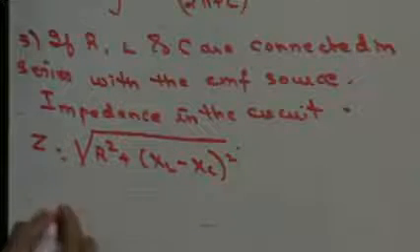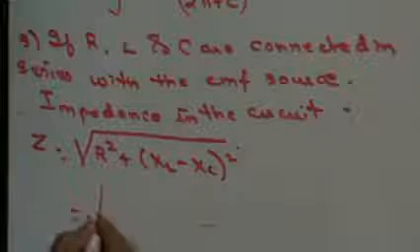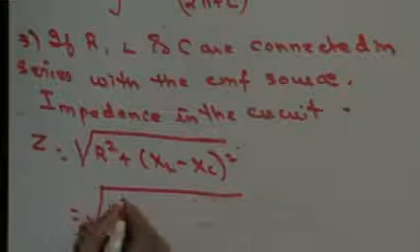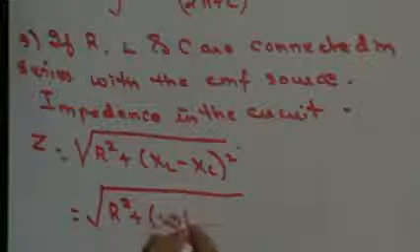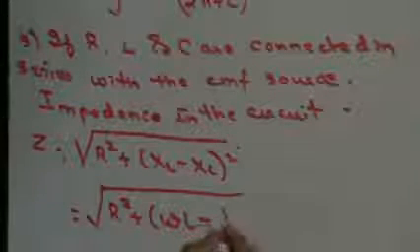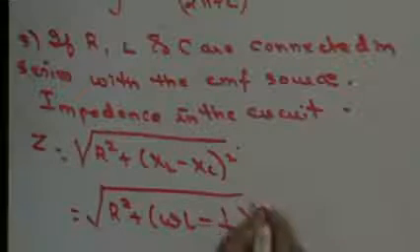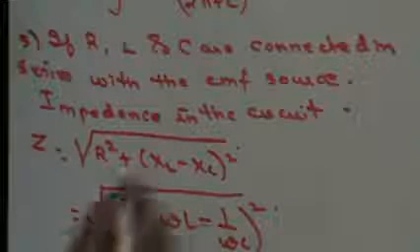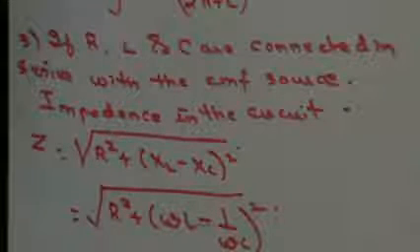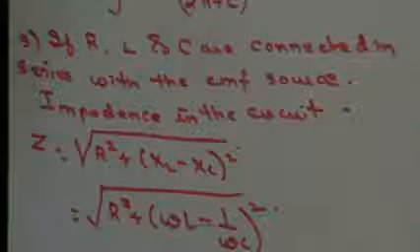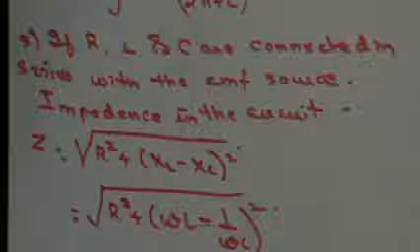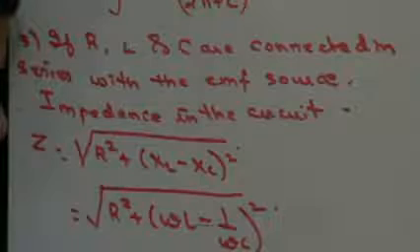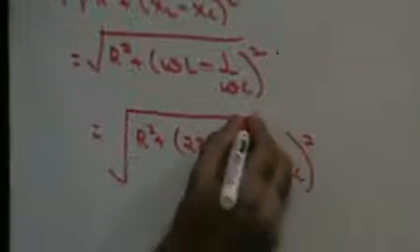This is equal to the square root of R square plus (omega L minus 1 upon omega C) the whole square. This can be written as the square root of R square plus (2 pi FL minus 1 upon 2 pi FC) the whole square. That will be the impedance in an LCR circuit.